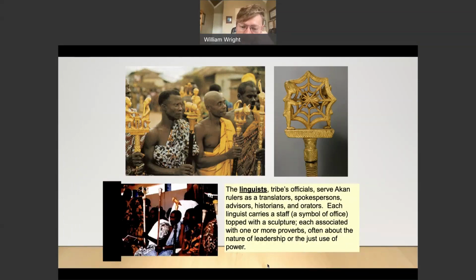Each is associated with a specific proverb, often about the nature of leadership and their power. Seeing this staff, it is a beautiful single object with a sort of sculpture on it. But if you are from this tribe, it means something very specific about the person's position and about what you're expecting them to do. This is iconography, which we'll talk about in a second, also meeting context.